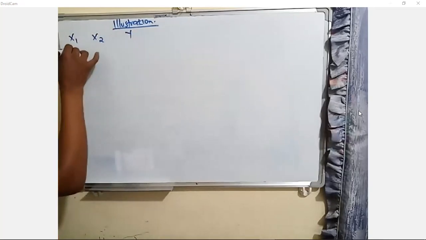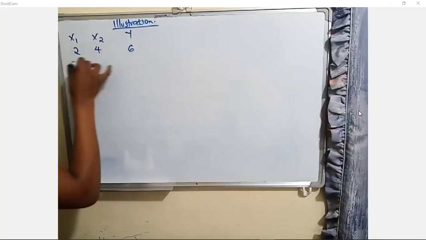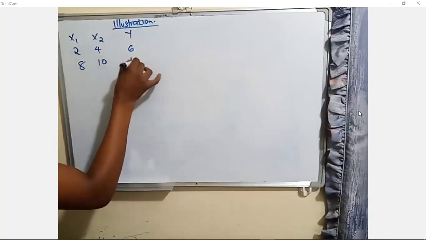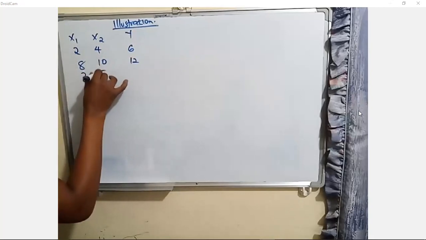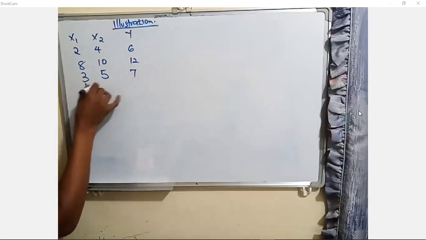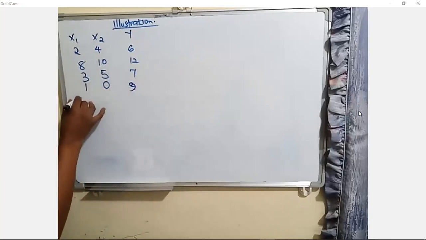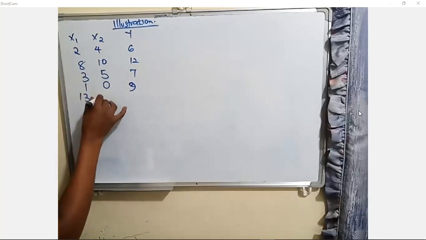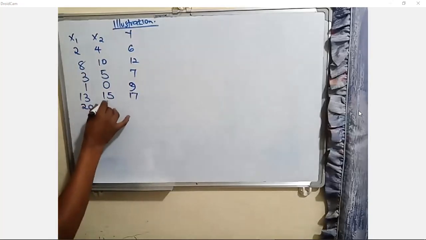We might have x1 as 2, 4, 6, 8, 10, 12; x2 as 3, 5, 7, 10, 13, 15, 17; and y as 20, 24, 26.